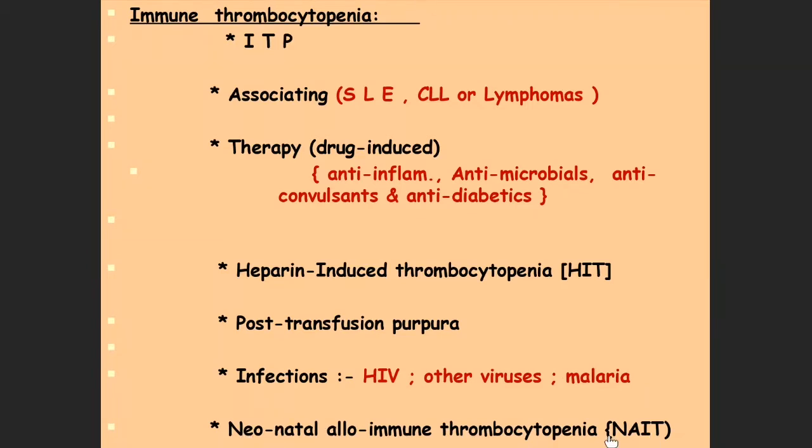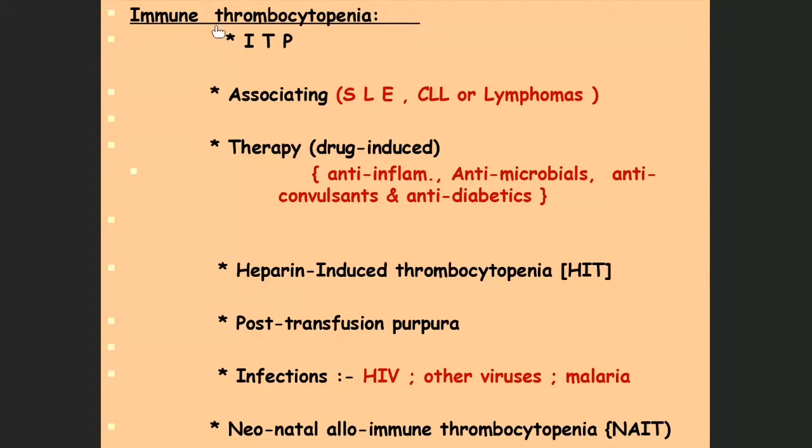Neonatal alloimmune thrombocytopenia. This is thrombocytopenia in the newborn. It has the same pathogenetic basis as the hemolytic disease of the newborn due to rhesus incompatibility or due to ABO incompatibility.